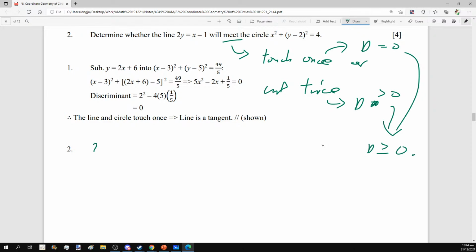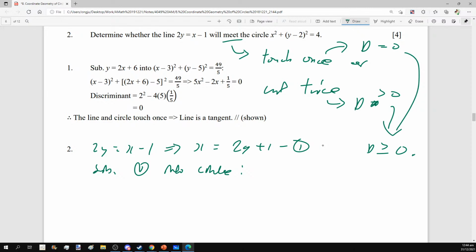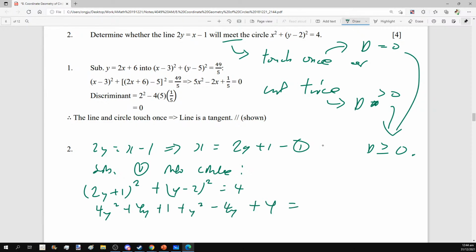So for question 2, we have 2y equals x minus 1. Obviously, this means x is equal to 2y plus 1. Let's call this equation 1. I will then substitute equation 1 into the circle. This gives us x squared plus (y minus 2) squared equal to 4. We will then open up the brackets, giving us 4y squared plus 4y plus 1 plus y squared minus 4y plus 4 equal to 4.